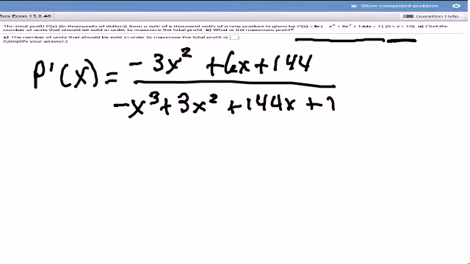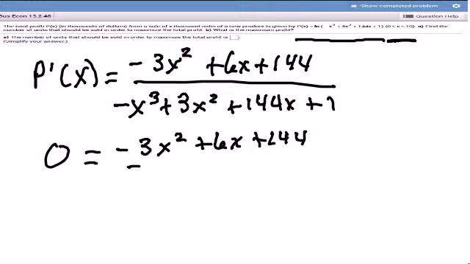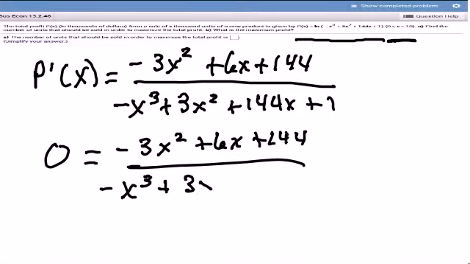144x plus 1. Now at this point, remember, we set it equal to 0 because that will let us know where our horizontal tangent lines are, which would give us the max or mins depending on what we're looking for. When we set a rational expression equal to 0, I'm actually going to do cross multiplication.